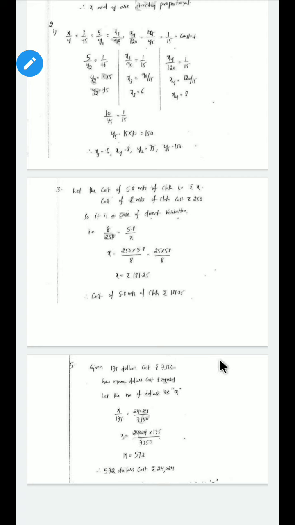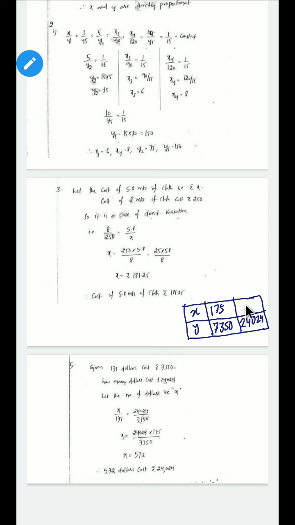So here the relation between the dollar and rupees is given. Suppose the dollar is taken as x and the rupees as y. Firstly, $175 costs 7,350, and we have to find the cost of this much rupees.